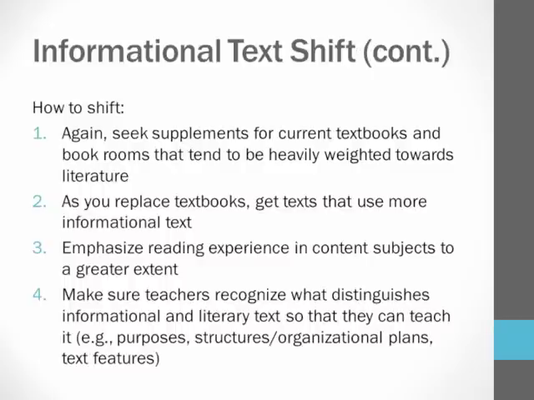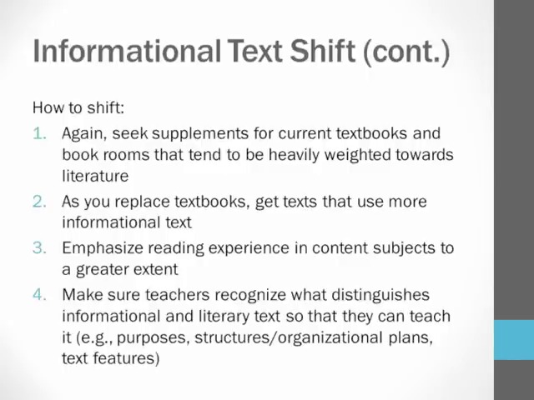And again, in terms of the shifts, seeking supplements for current textbooks and book rooms that have tended to be heavily weighted towards literature. Now, if you've bought a core program in the last 2 or 3 years, it's probably weighted something like 60% literature and 40% informational. So you wouldn't necessarily have a lot of supplementing to do.